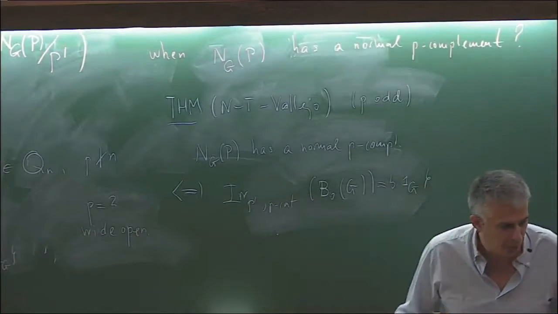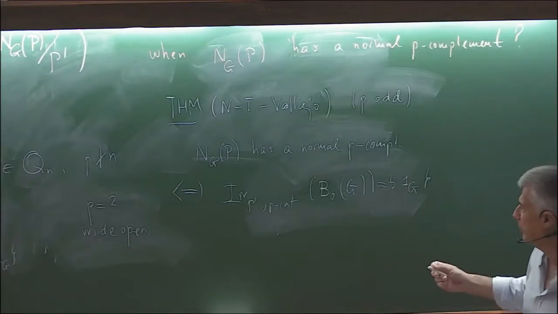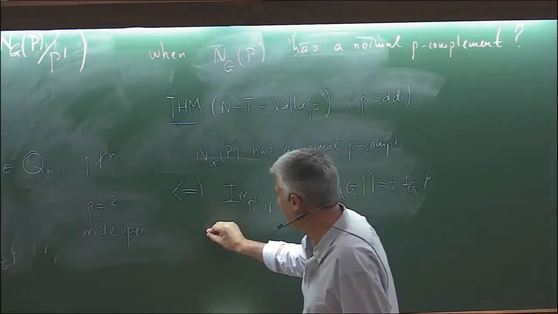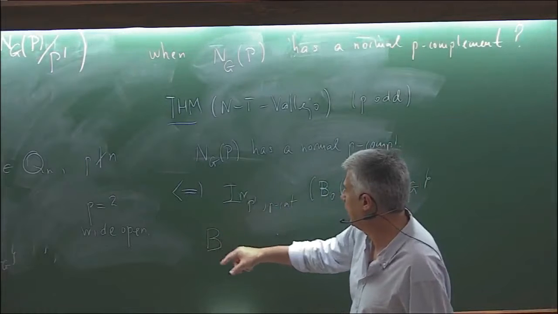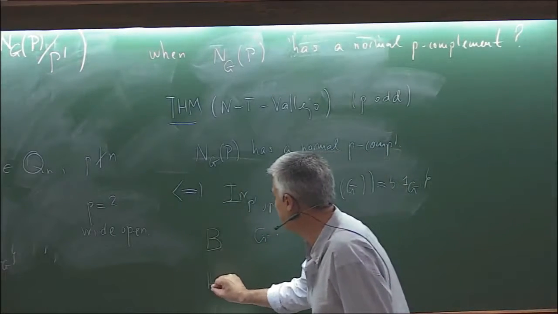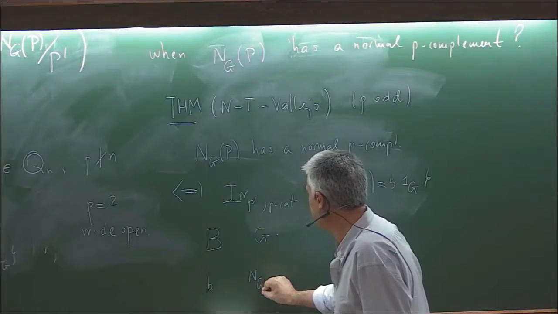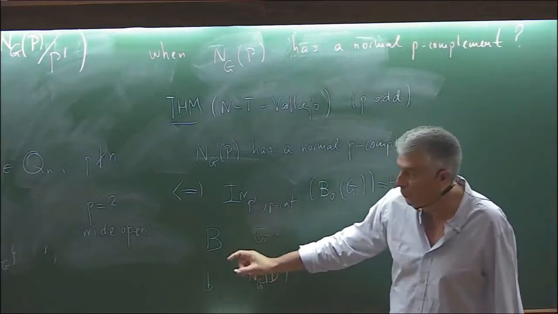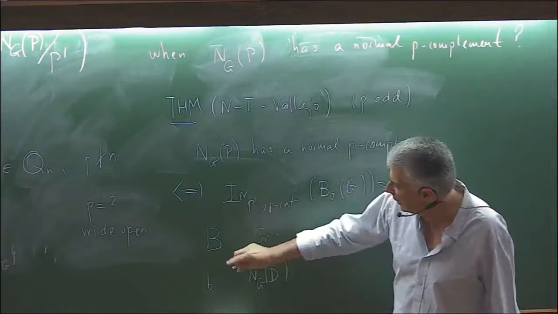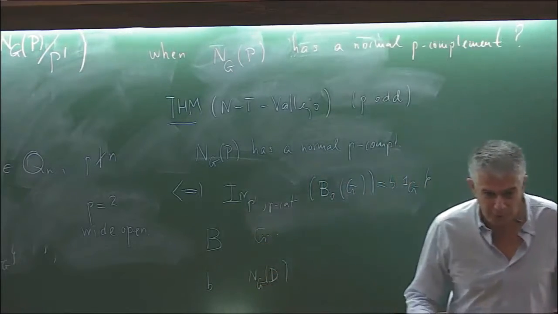I said that I was not going to talk a lot about blocks, but let me mention that one of the big problems in representation theory is, we have a block of G, and we have the Brauer first main correspondent, the normalizer of some defect group, and these are algebras, and we want to know exactly what is the relationship between these two algebras.